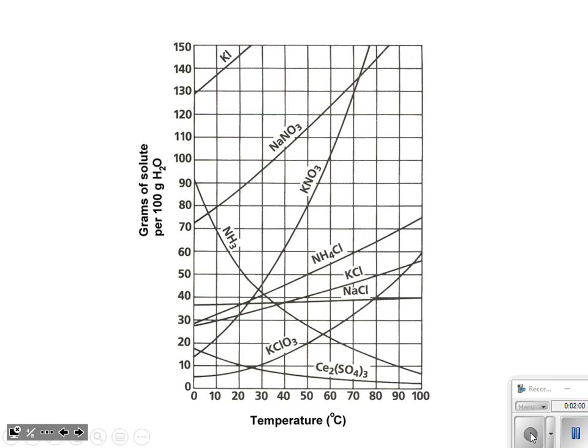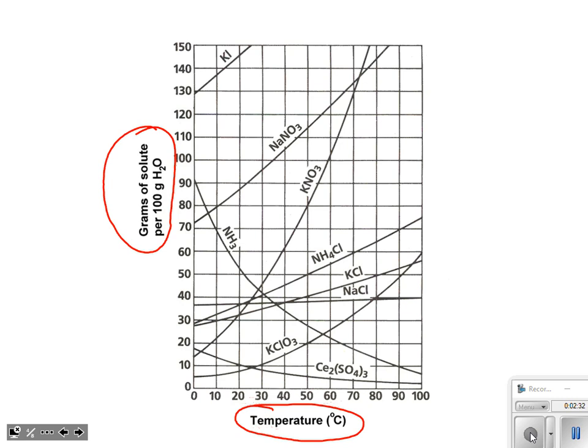And I'm going to notice that at the bottom, I have temperature in degrees Celsius. On the left-hand side, I have grams of solute per 100 grams of water. So, this is based on 100 grams of water.